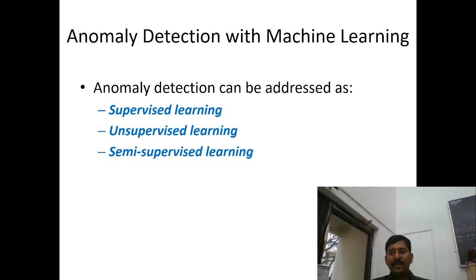In this case, train a model using many unlabeled samples and a few labeled samples. Let us say one example: train a model in an unsupervised way using many samples, and afterward fine tune the model using a small number of labeled normal and abnormal samples. So these are the three categories used in anomaly detection: supervised, unsupervised, as well as semi-supervised.